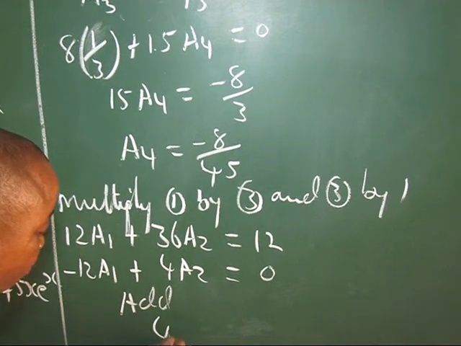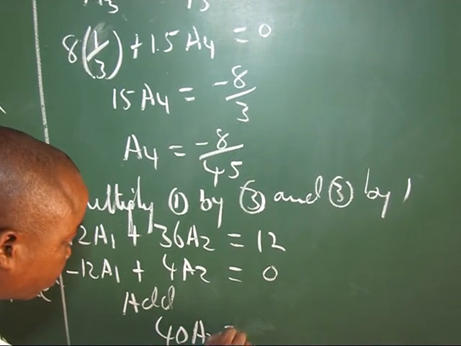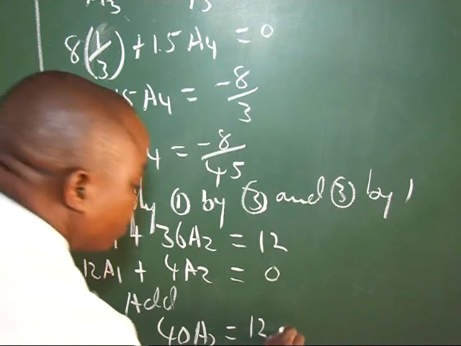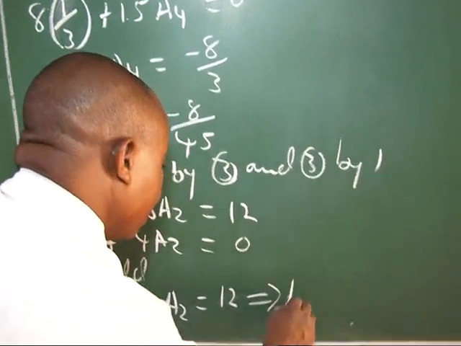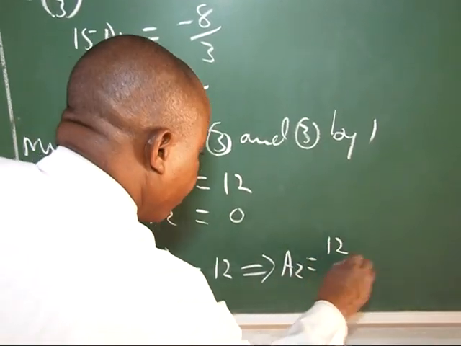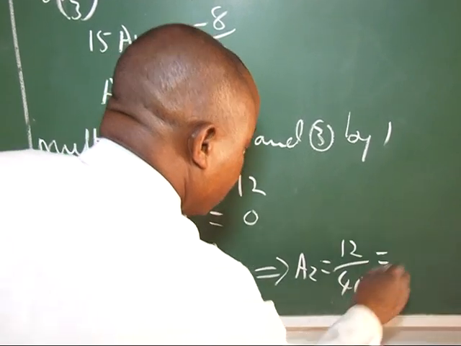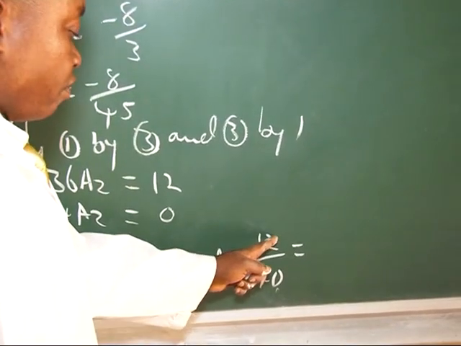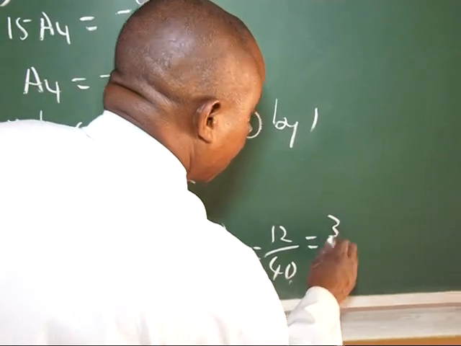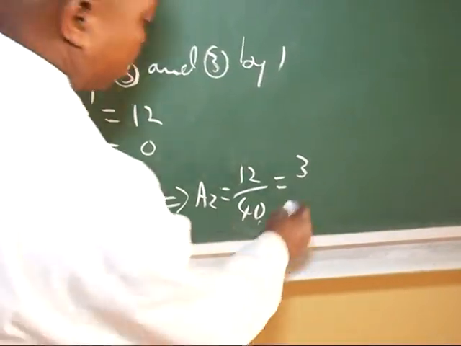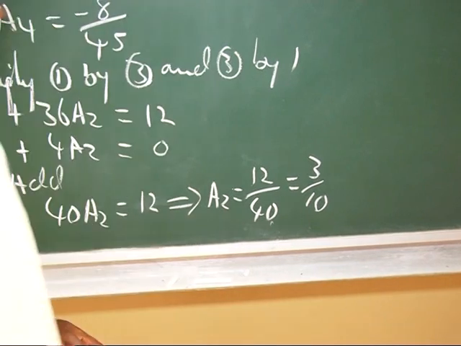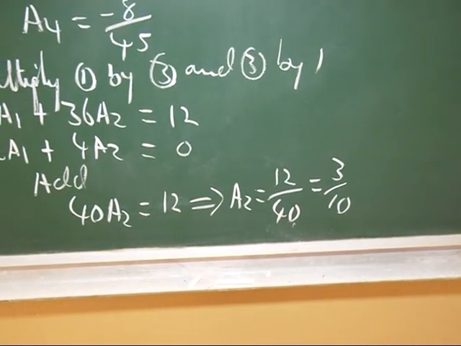So we have 40a2 is equal to 12, which implies that a2 will be 12 all over 40. Of course, 4 can go here 3 times. 4 can also go here 10 times. So we have 3 over 10.